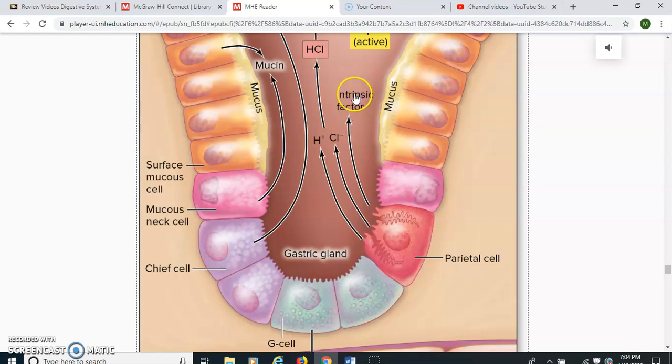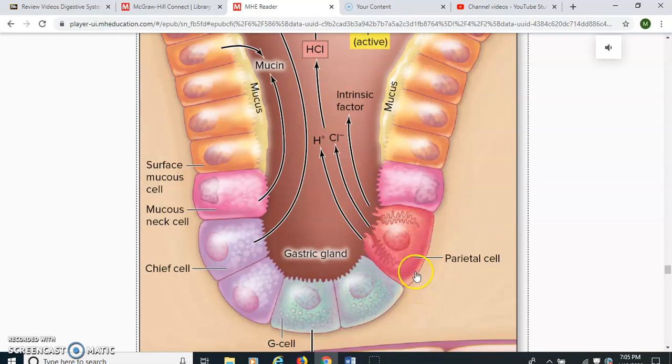If it's caused by a vitamin B12 deficiency, they call it pernicious anemia. That's something we might have to treat and manage as people get older. All right, so that was one function of the parietal cells: producing intrinsic factor, which is essential for absorption of vitamin B12 so we don't become anemic.